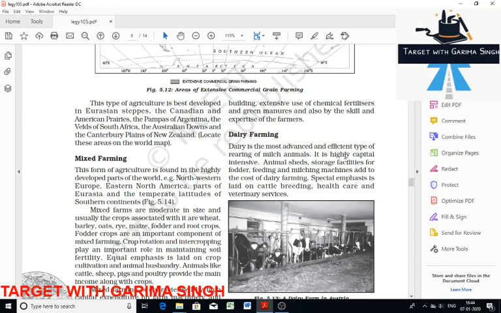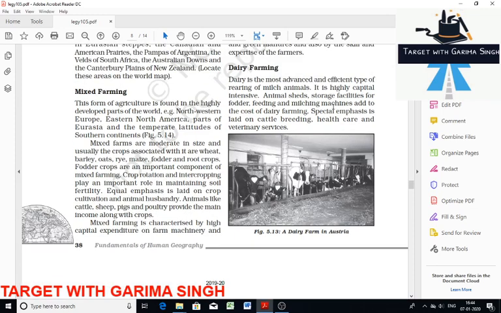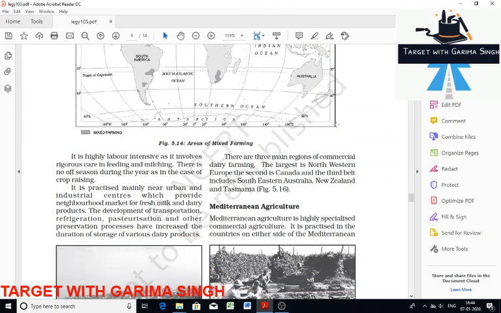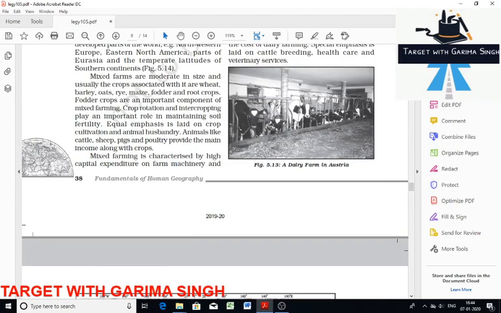Extensive use of chemical fertilizer and green manure is also made, along with the skill and expertise of the farmer. Next is dairy farming. It is the most advanced and efficient type of animal rearing, highly capital intensive. Animal sheds, storage facilities, and milching machines are used.